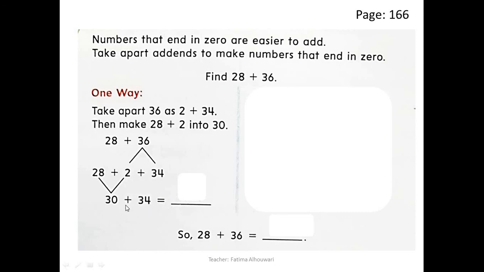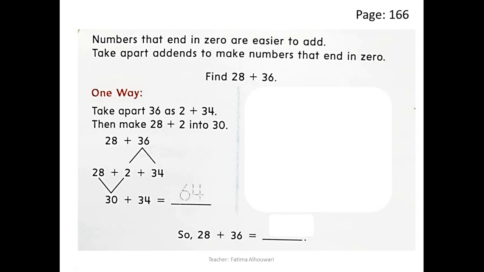Now 34 plus 30 equals, what do you think? Again, we have to add ones to ones. 0 plus 4 equals 4. And 3 plus 3 equals 6. So we have 64. Interesting. The sum is 64.